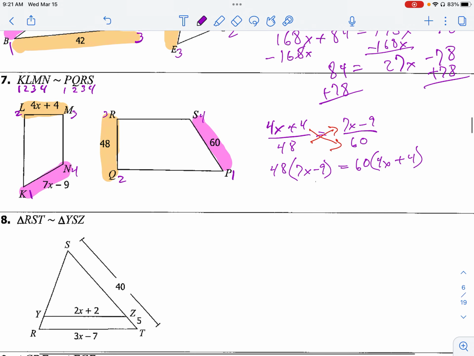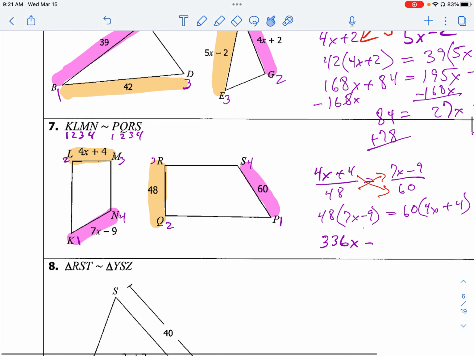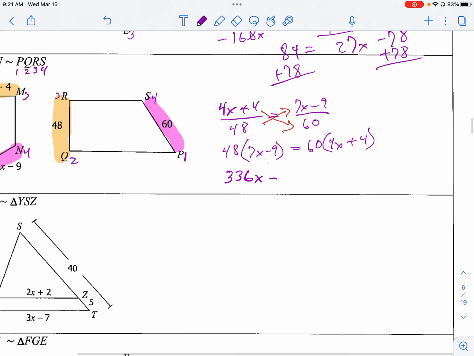All right, so 48 times 7 is going to be 336x minus 48 times 9. Let's get him back. 432 equals 240x plus 240.